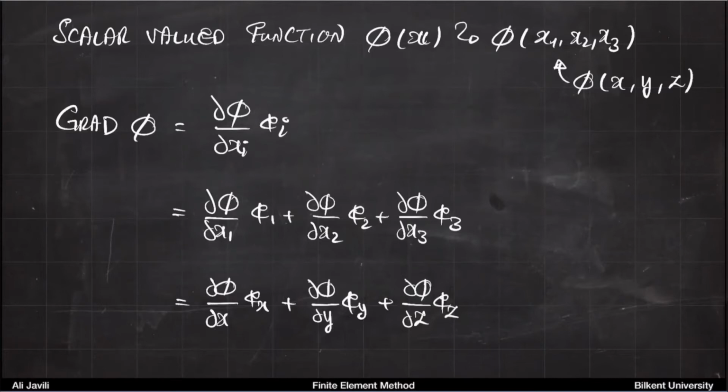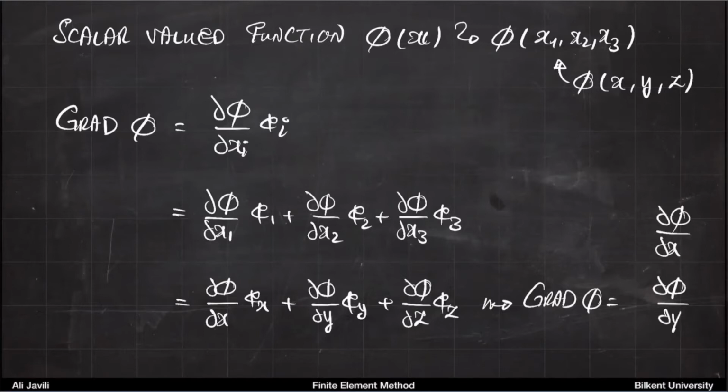And maybe that reminds you now of your famous gradient that possibly you used to write like this: derivative of phi with respect to x, derivative of phi with respect to y, and derivative of phi with respect to z.